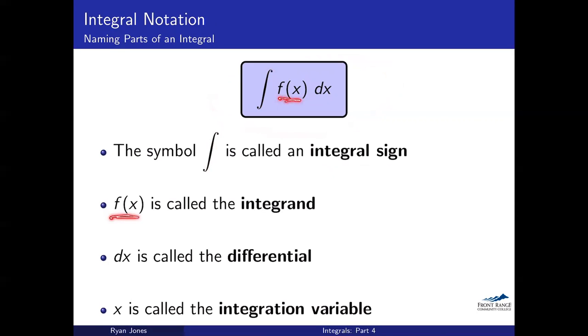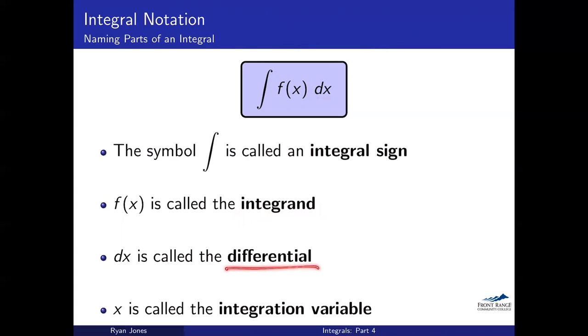This f of x is called the integrand. That's a word that you'll hear me say a lot. I may have an integral written on the page, and I'll say, hey, take a look at the integrand. That's me calling out what the function is that I'm taking a derivative, or excuse me, an integral of. So that integrand is a key word that you'll hear me say.